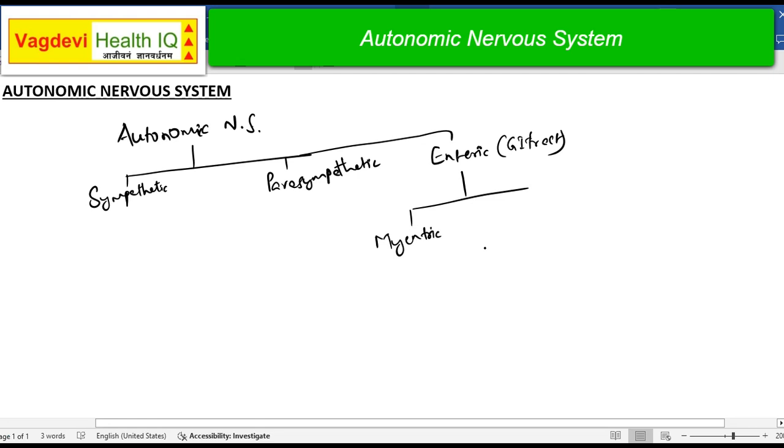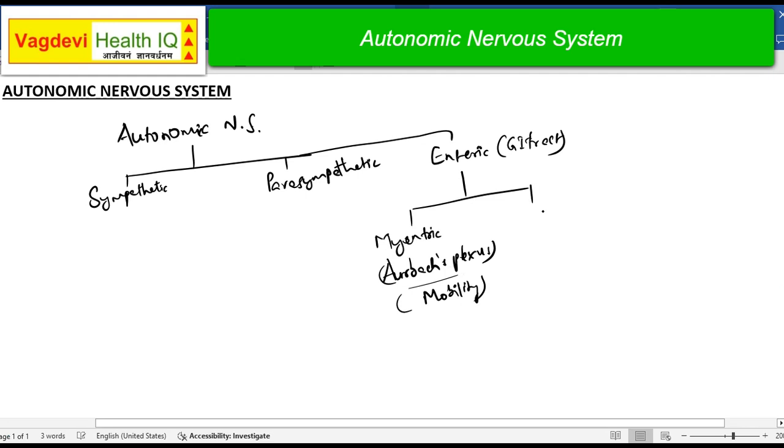So one is myenteric, you all would have known about Auerbach's plexus. That is basically for motility, right? So you can remember M for myenteric and M for motility.